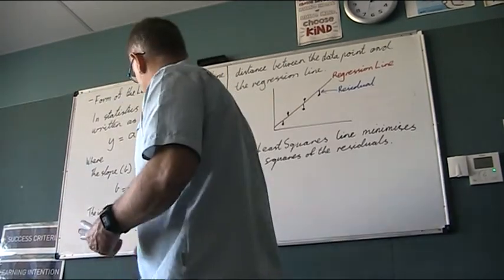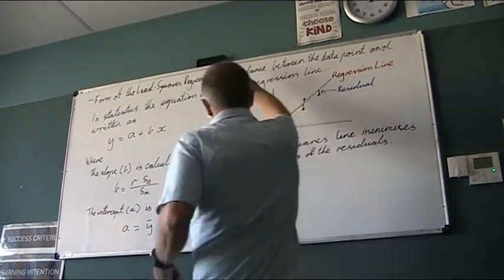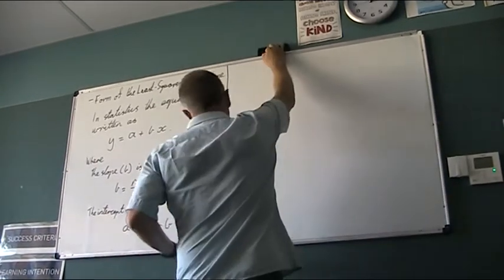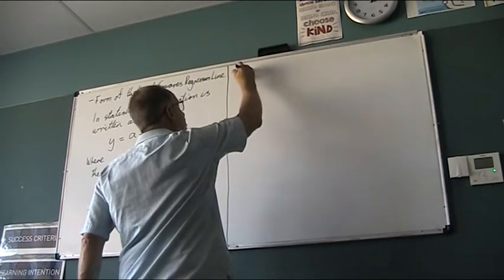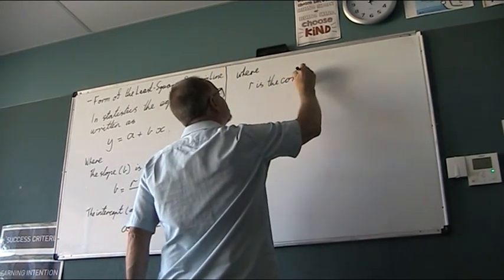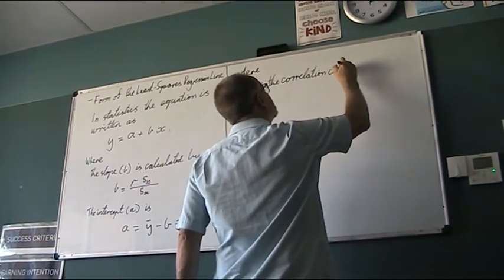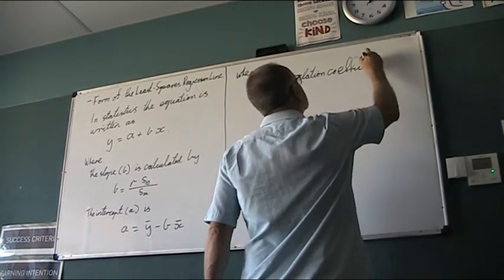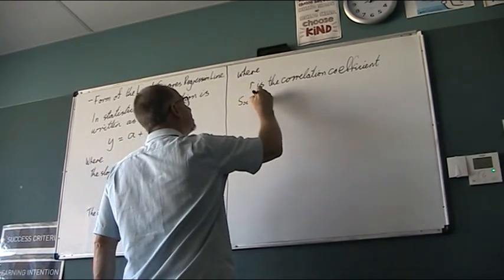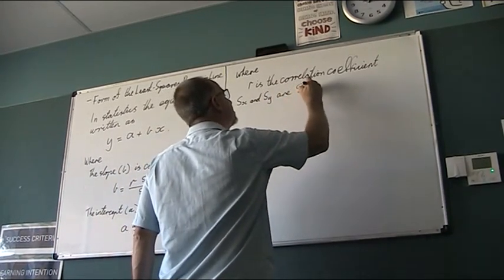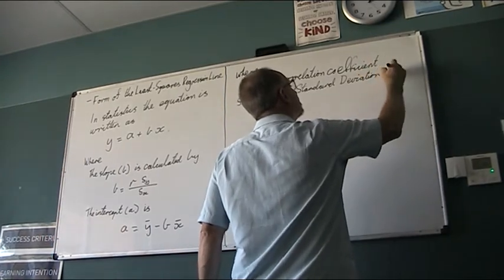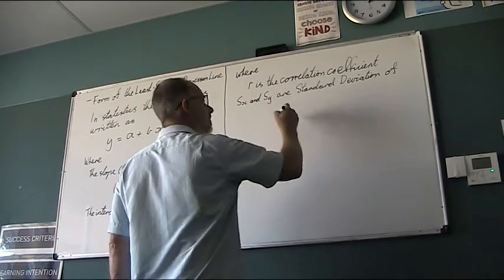Let me remind you and define what each of those are so we don't forget. r is the correlation coefficient, sx and sy are the standard deviations of x and y.